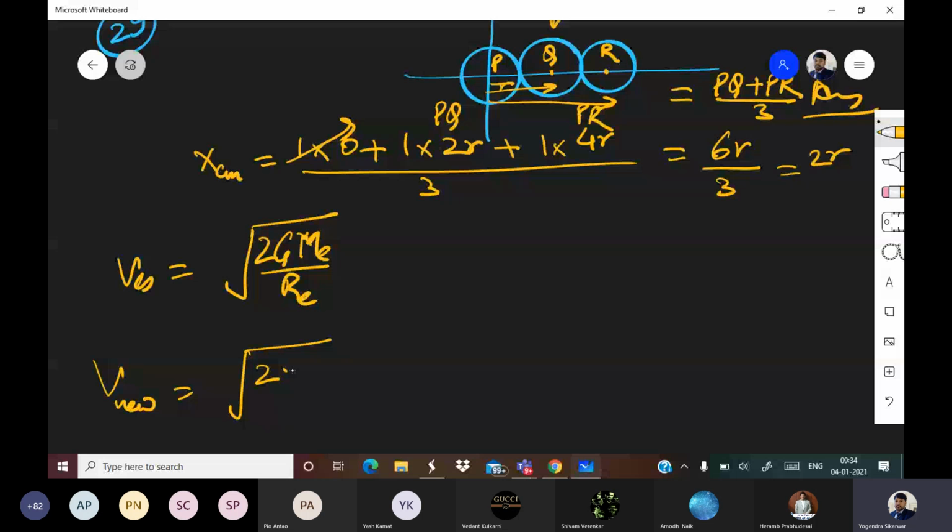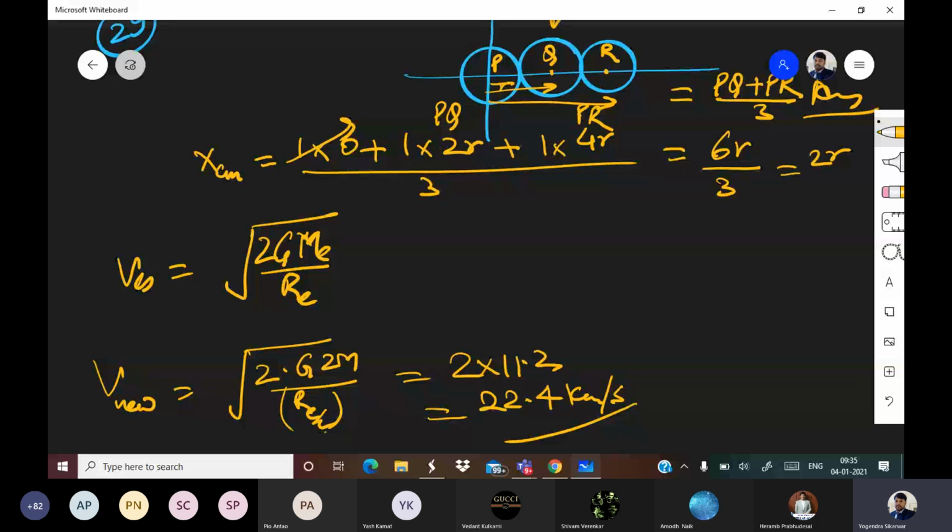So it will be 2 times 11.2, that will be 22.4 kilometer per second. That is the answer. The escape velocity will be twice. Understood?